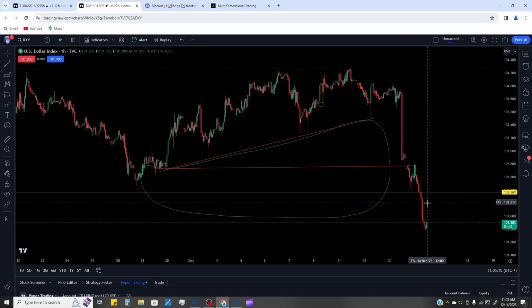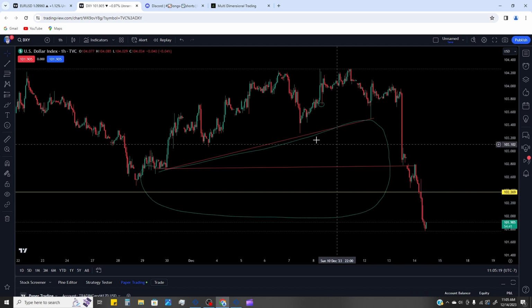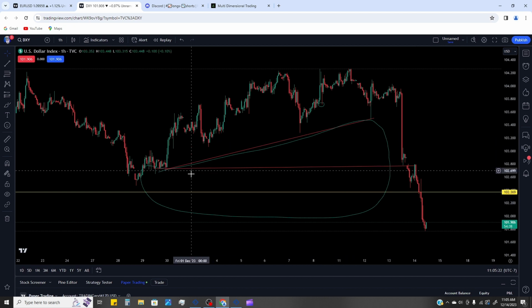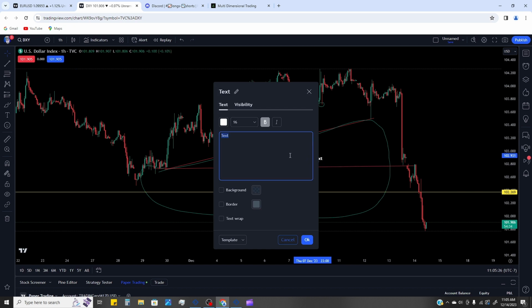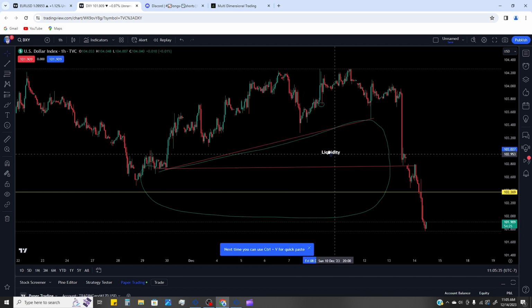It's either a bubble to the downside or a bubble to the upside. But that is liquidity. That's where you will find it. And it's ideal for us to get into the bottom of the bubble.